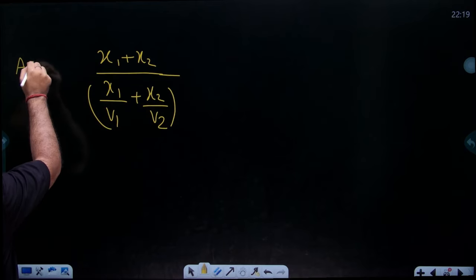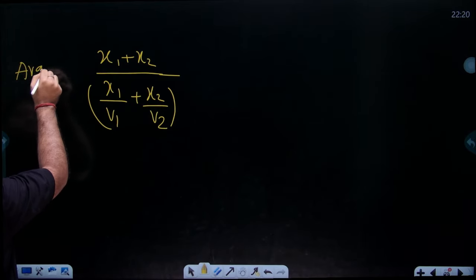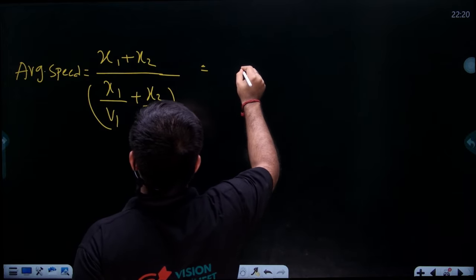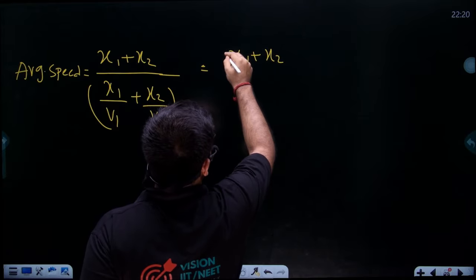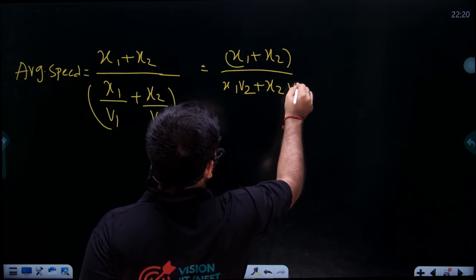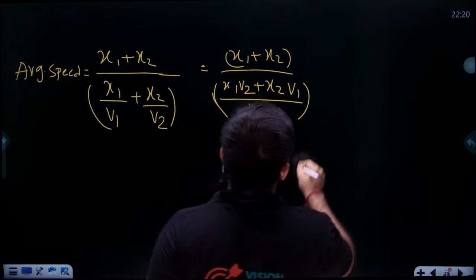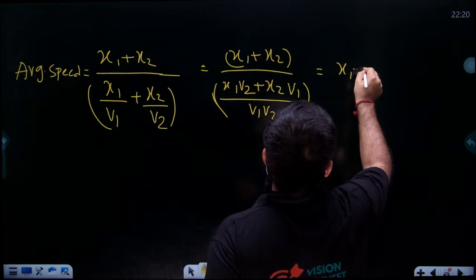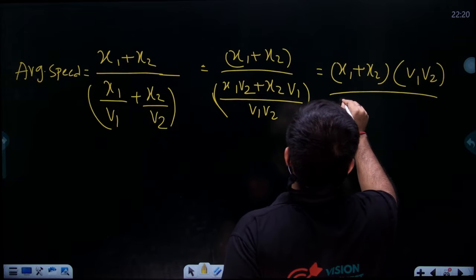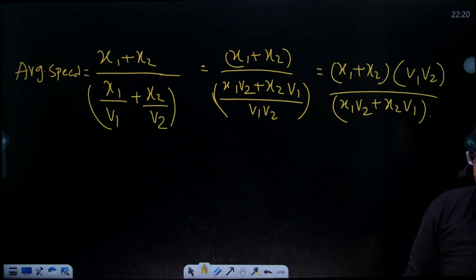So this is my average speed, which is nothing but (x1 plus x2) into v1 v2 divided by (x1 v2 plus x2 v1).